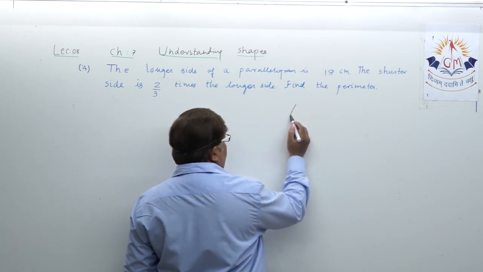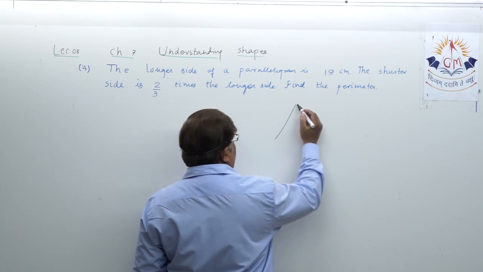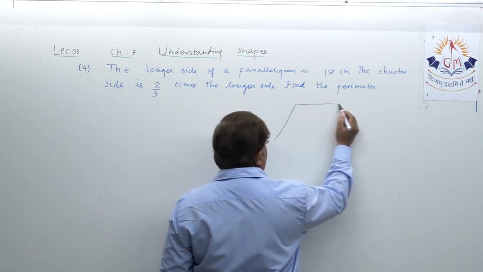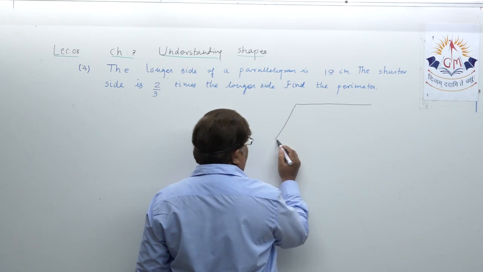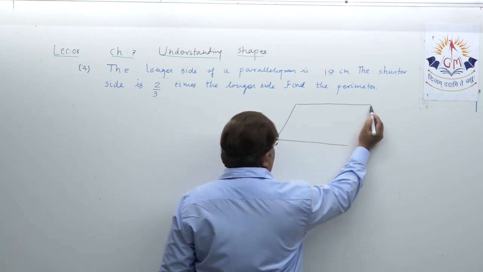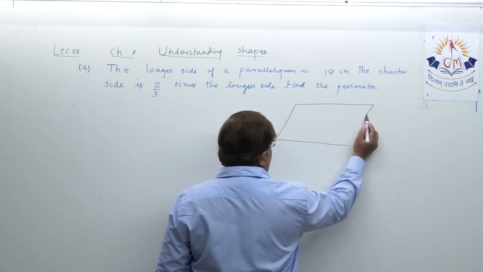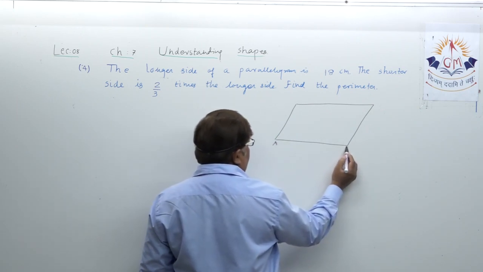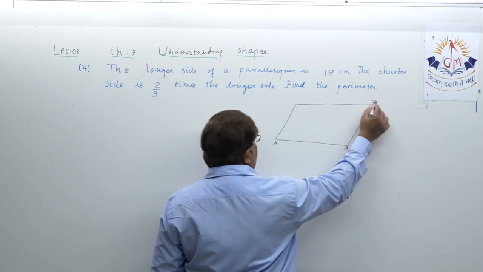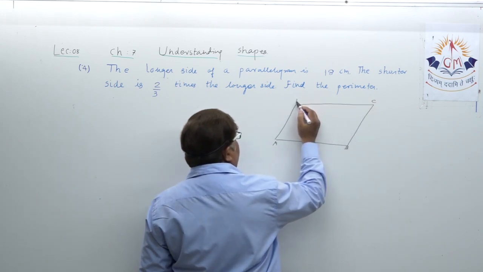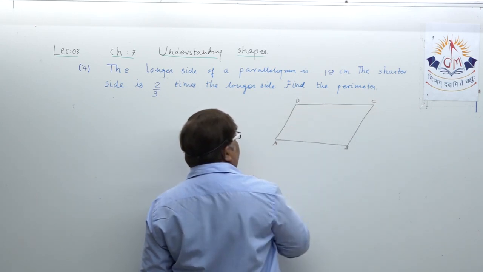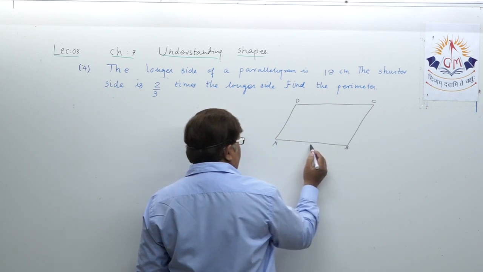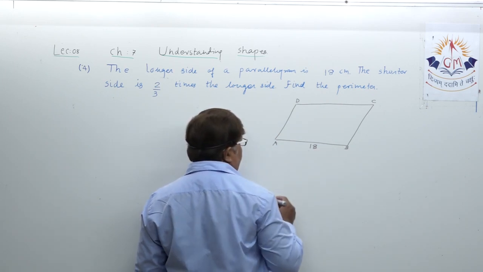Okay. First, if dear student you have changed the labels, it's all okay. What we need is basic conceptualization of the sum. That's my target. This is parallelogram ABCD, where one of the longer side has been given.